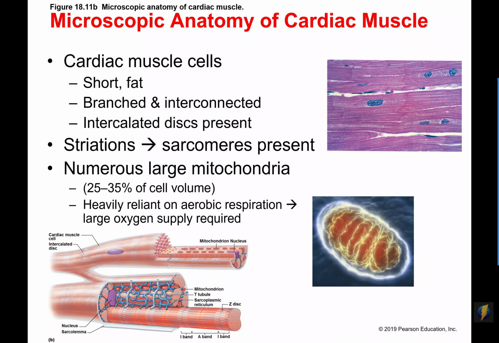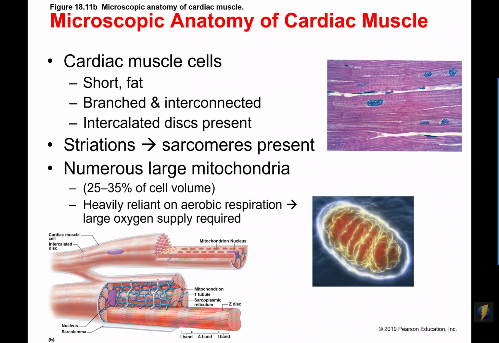Like skeletal muscle, cardiac muscle is striated, so there are sarcomeres present in cardiac muscle. Those overlapping thin and thick filaments still exist in the cardiac muscle, just like they exist in skeletal muscle. Cardiac muscle isn't quite as good as skeletal muscle at getting oxygen from different sources, getting energy from different sources.